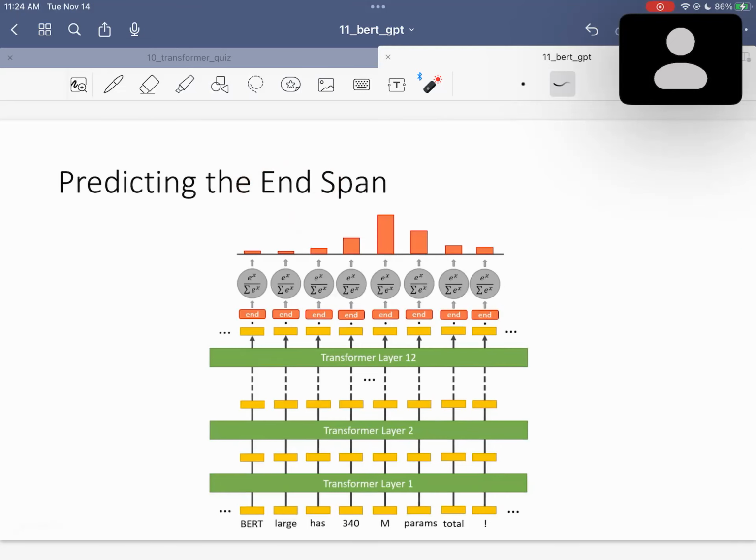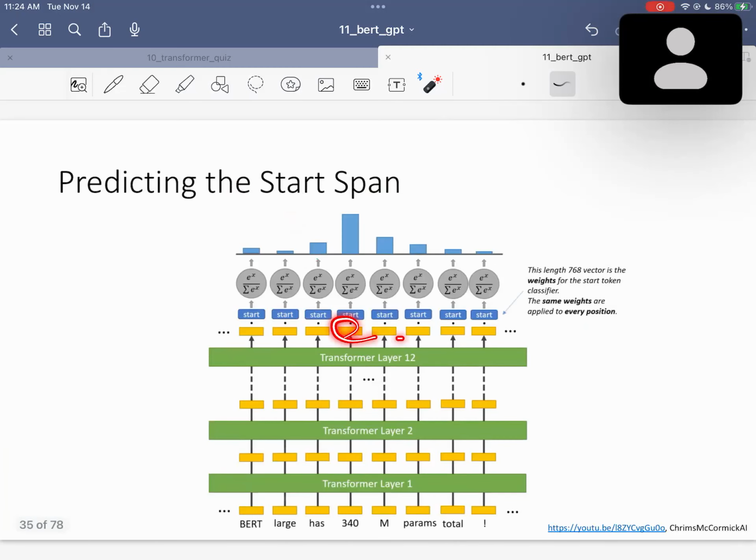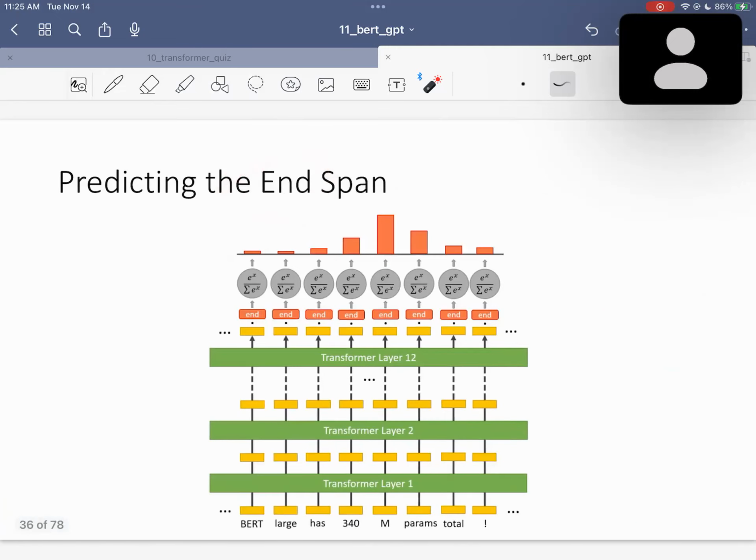You need to predict 2 things: the start of the span and the end of the span. So you have 2 prediction heads for each contextualized vector. After you put this through 12 layers of transformer, you will have contextualized embeddings, and you put 2 prediction heads on them: one for predicting start, one for predicting end. For the start head, you want this particular token to have the highest logit value. And for the end prediction, you want this particular token to have the largest logit value.